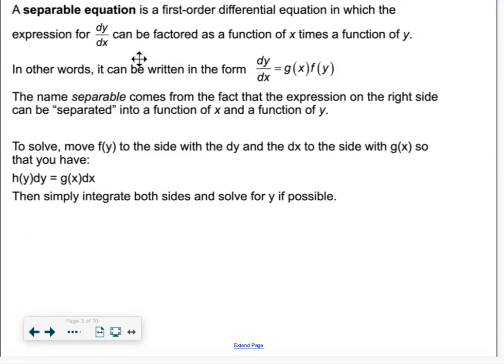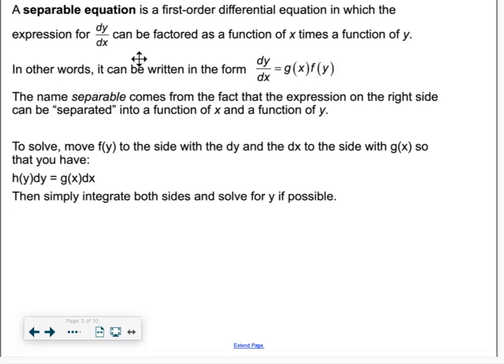Okay, so nothing to write on the screen. We're just going to talk for a minute. So a separable differential equation, and that's all we do in this course is separable. We don't do what are called non-separable differential equations. Separable differential equation means that your original differential equation, remember that's just an equation with a derivative, if you were to solve it for dy dx, you could write what dy dx equals as a function of x's times a function of y's.